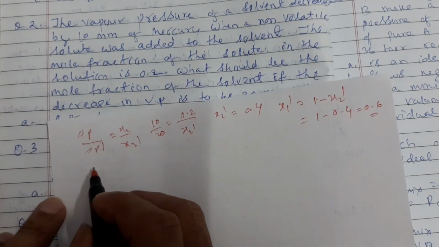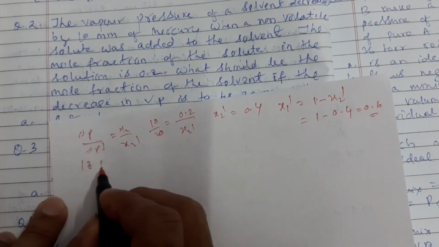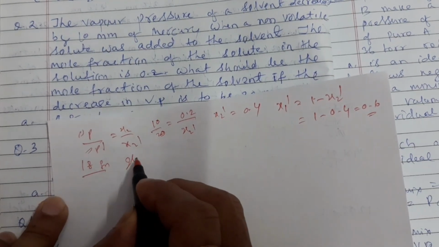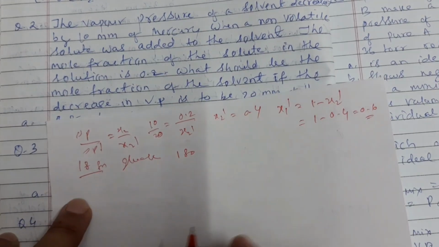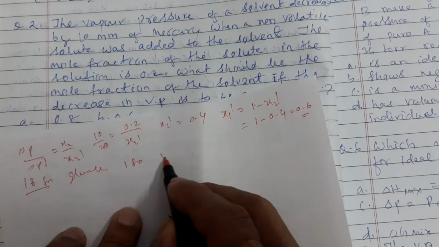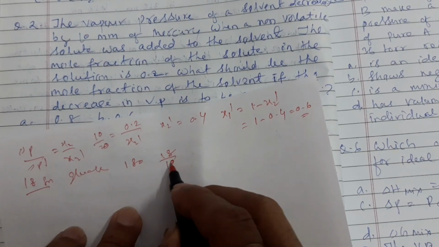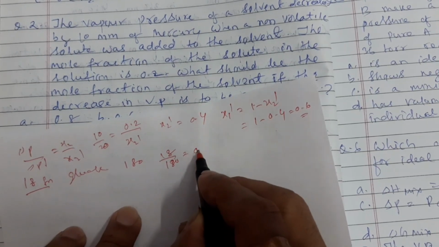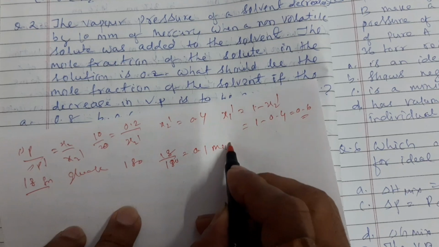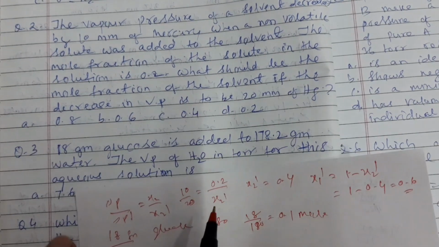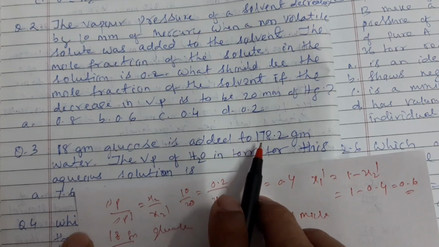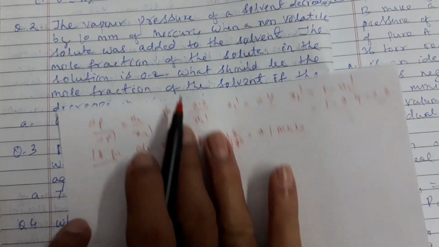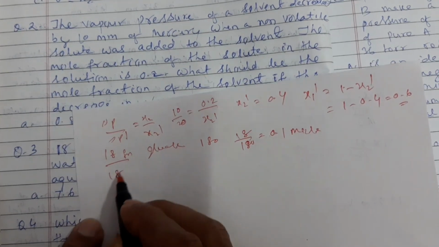You see, 18 gram glucose, the molecular mass of glucose is 180. So 18 divided by 180 is equal to 0.1 mole. Similarly, 178.2 gram of water, and the molecular mass of water is 18.